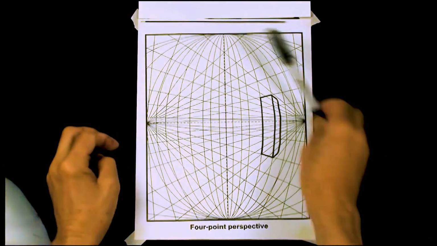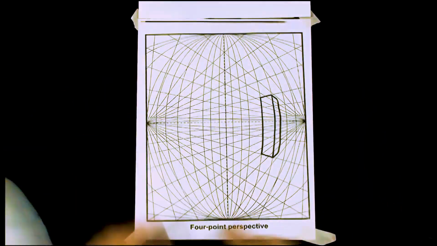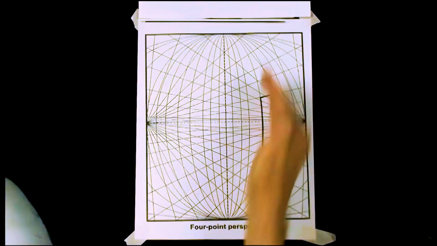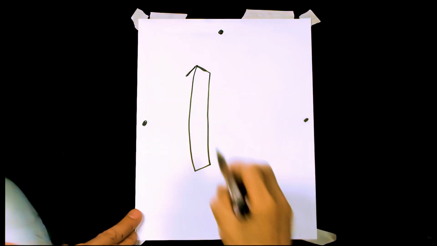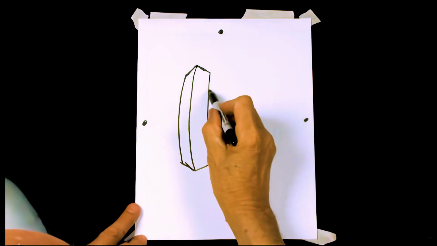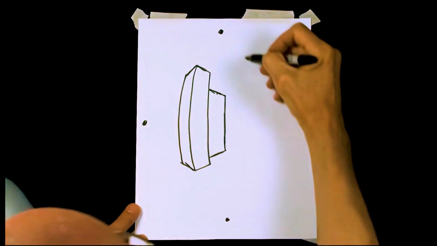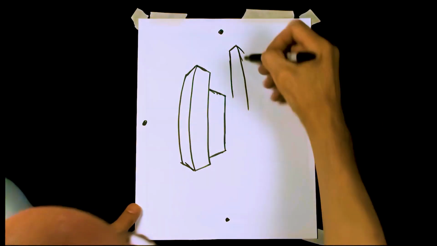Once again, the paper goes over the top of the grid. You can see the curved lines that go up and down. From the center, there's a straight line, but they gradually, like a football, curve outward as they go out to the vanishing points on the outside edge.